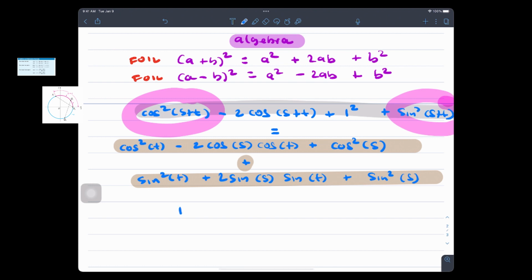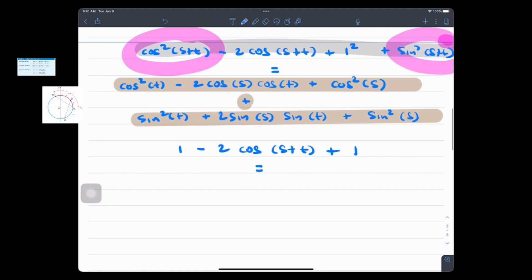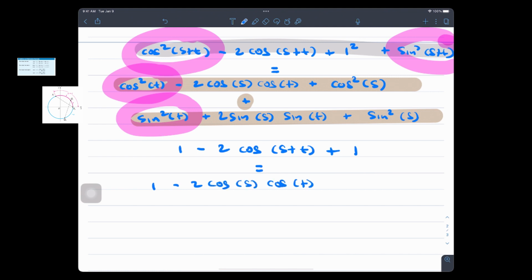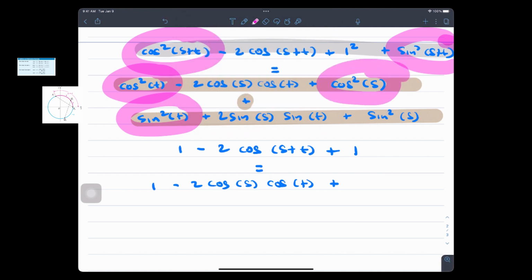So then we have 1 minus 2 cosine(s plus t) plus 1 will equal, now we're going to use another Pythagorean identity here. We got cosine squared t plus sine squared t, which is another 1, and that's minus 2 cosine s cosine t plus, by the Pythagorean identity, cosine squared s plus sine squared s is another 1.